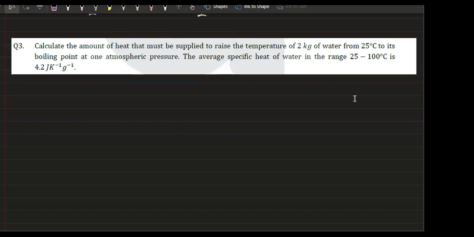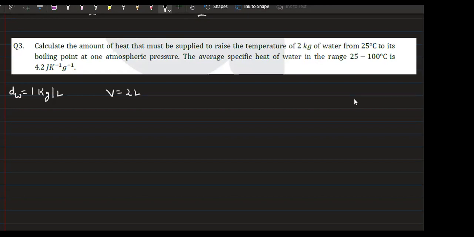Now, if you remember, we have solved one example. What is the density of water? We know that the density of water is 1 kg per liter. Yes or no? We have already solved one problem in which we used this concept that the density of water is 1 kg per liter. So the weight of water is 2 kg, so the volume is 2 liter.